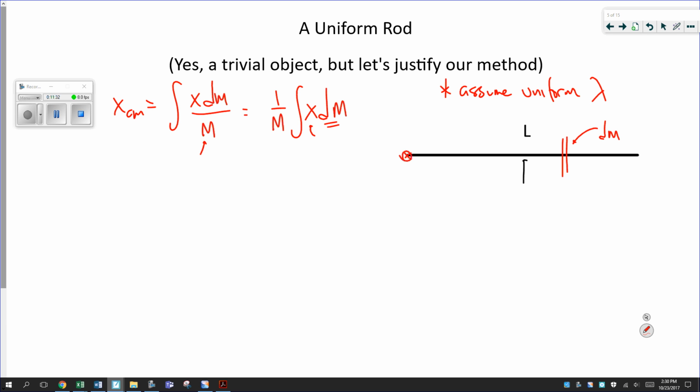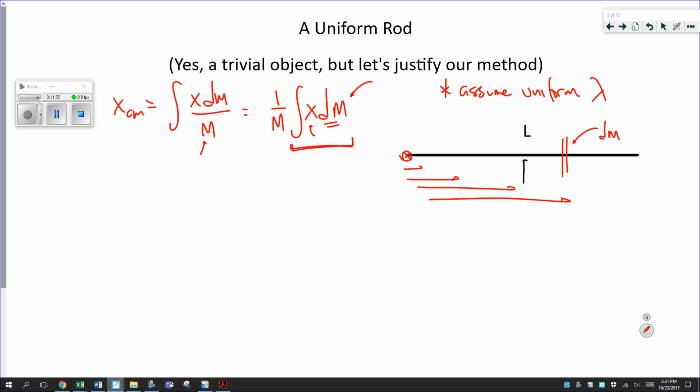Well, let's see, dm. What we want to do is get this integral to be over a variable, d of that variable. Because x is a variable. x varies. x could be this far, or this far, or this far, or this far. Right? So x is a variable, but we're trying to integrate dm.